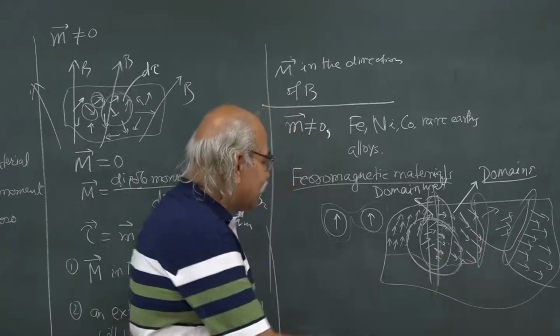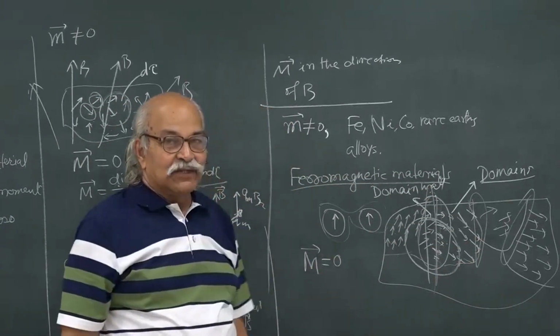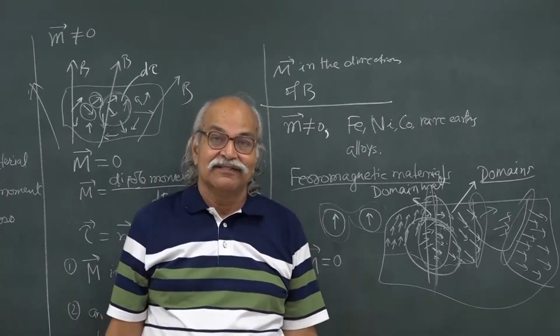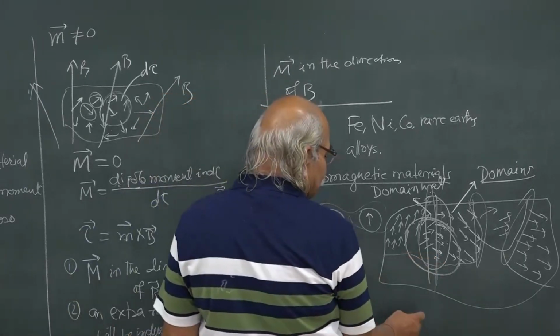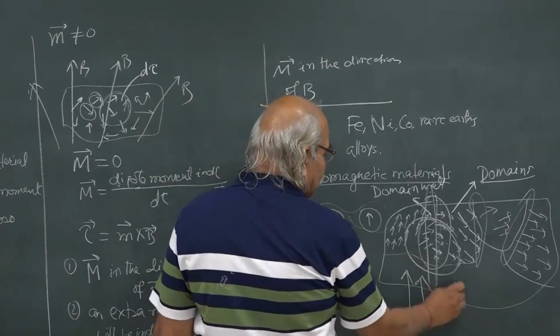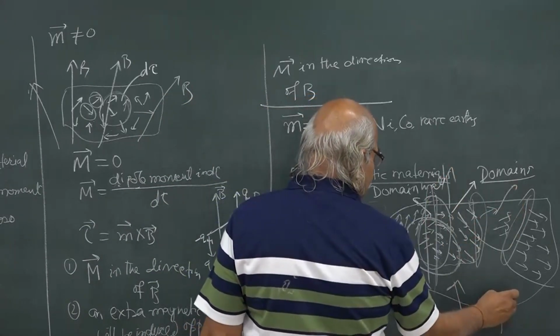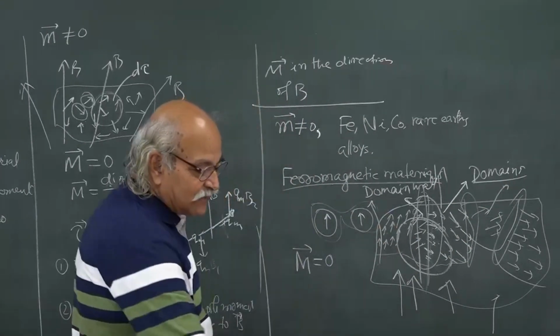Still you will have magnetization equal to 0 without any magnetic field. But if you apply a magnetic field in this kind of material, then what will happen? That is very interesting.